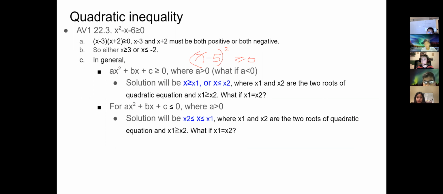So now to the other case, when this is less than 0, then the solution will be the x must be in between the two solutions, two roots, okay? And again, what if x1 equal to x2 in this case? Go ahead.